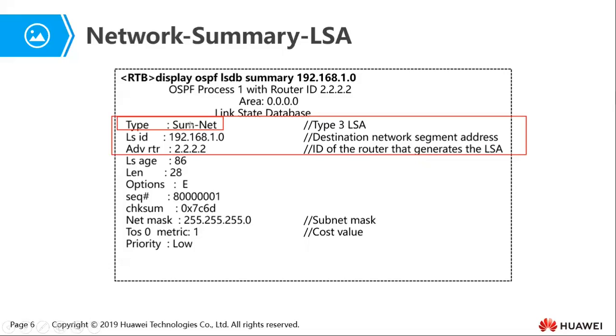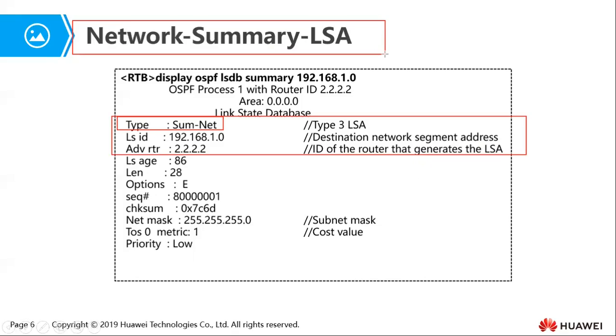A type 3 is normally called network summary. So it's normally referred to as subnet. Then the link state ID field on a type 3 LSA is used to carry the network ID of the destination network.